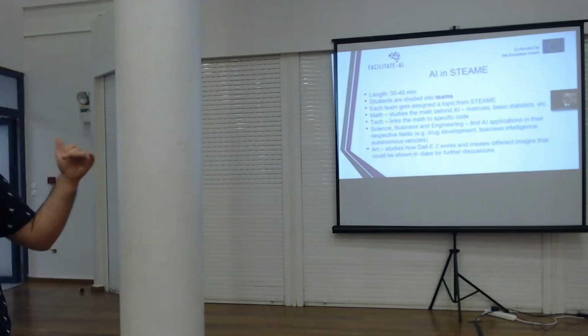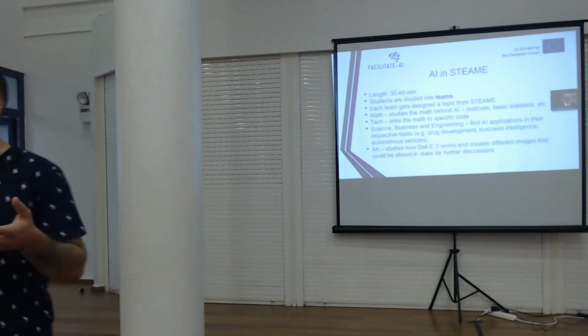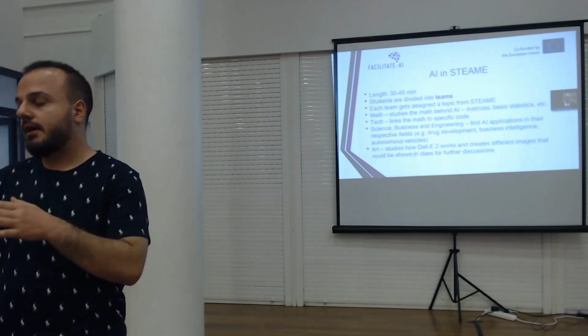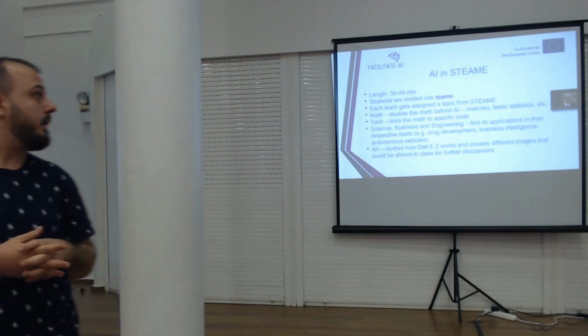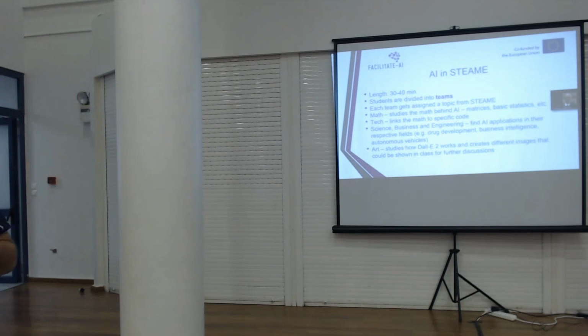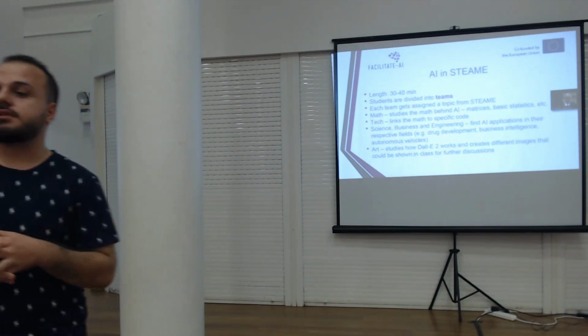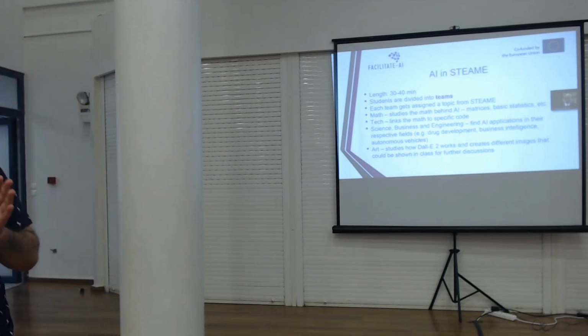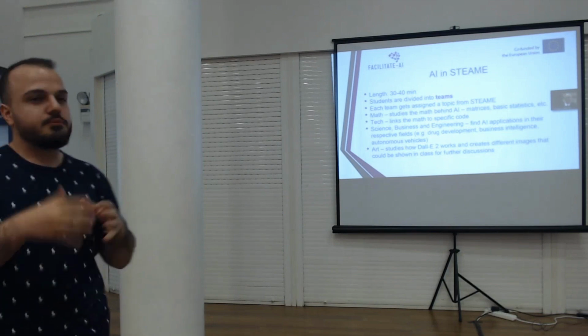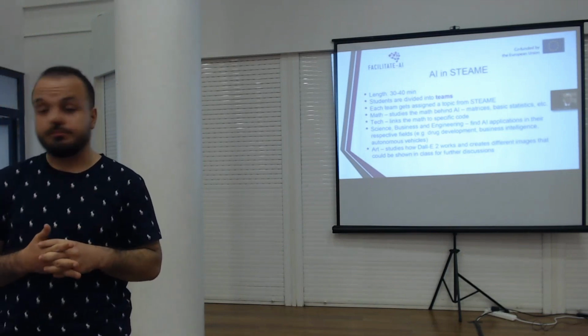Then the other team, the tech team, is tasked with linking the maths to the AI itself, to specific problems. The science, business, and engineering teams. So once again, I'm saying that these teams are made up entirely of scientists, businessmen, businesswomen, engineering people who do the engineering part.